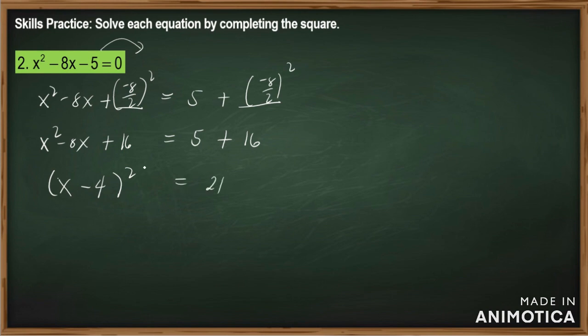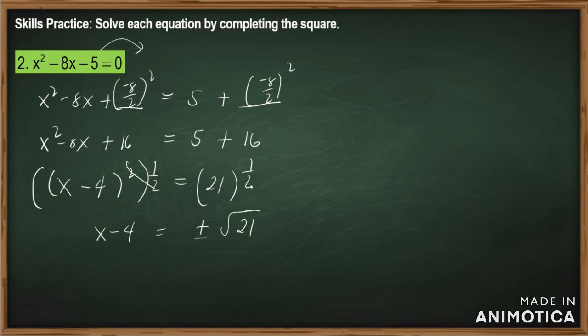Then get the square root of both sides. The reason behind that is we are going to raise both sides to 1/2. Other books would just tell you to get the square root of both sides, and if you're going to make use of that, that's fine. We have x minus 4 is equal to positive or negative square root of 21. So yun yung reason bakit kailangan i-square root ang both sides: kasi nga, naka-raise sa 2, so raise both sides by 1/2.